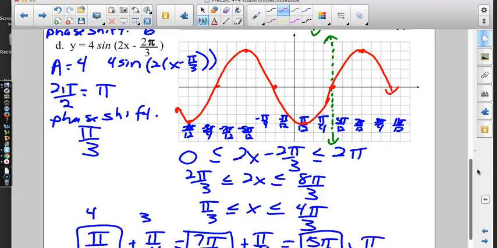Right? So we haven't done yet. We haven't moved it up or down. We still have one more thing to do.